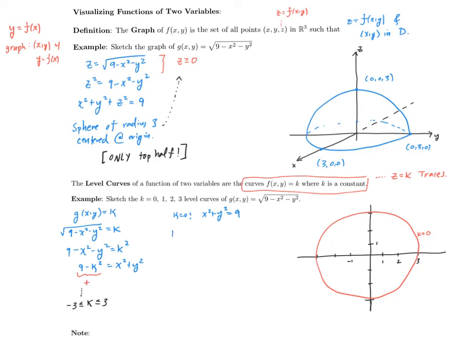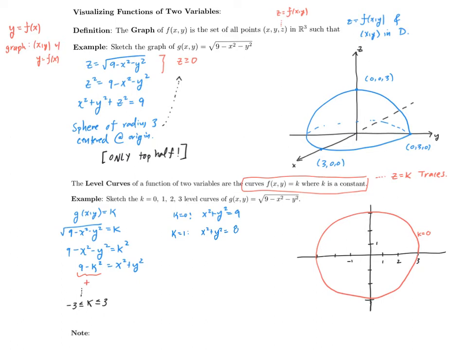The next value, k equals 1, would be the graph of x squared plus y squared equals 9 minus 1 squared. That is a circle of radius square root 8 centered at the origin. I don't necessarily have a precise value for square root of 8, but what I know is it's a number between 2 and 3, and closer to 3 than to 2.